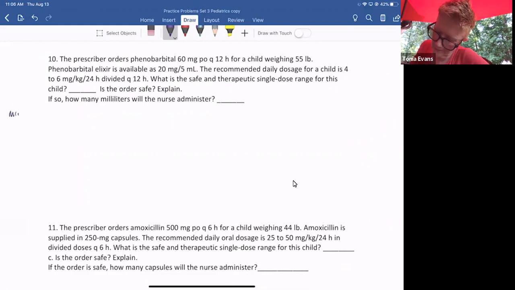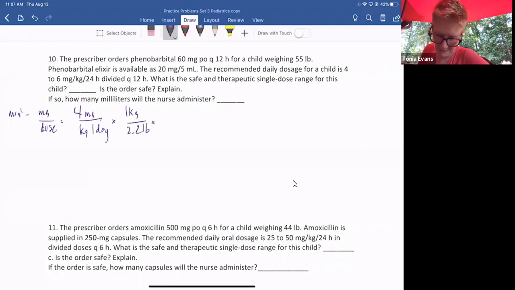So, minimum milligrams per dose is going to be 4 milligrams per kilogram per day. And 1 kilogram is 2.2 pounds. I know I could have been nicer and made more of these and given you the kilograms, but I didn't.